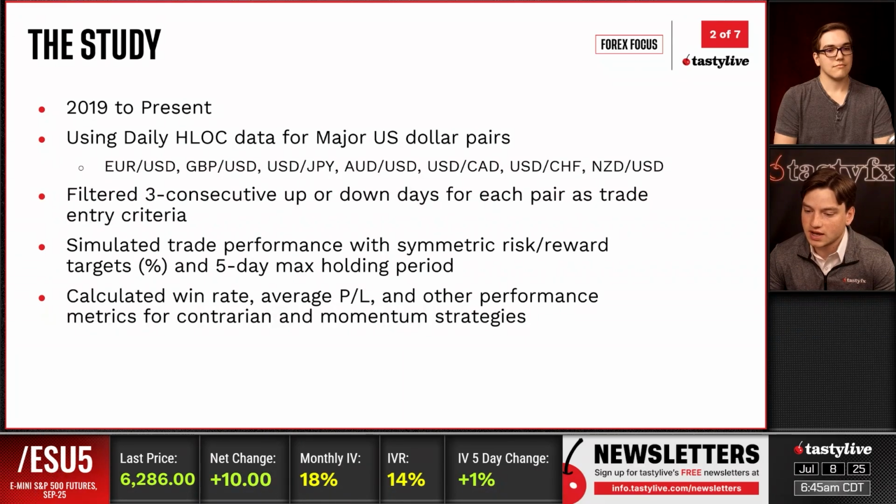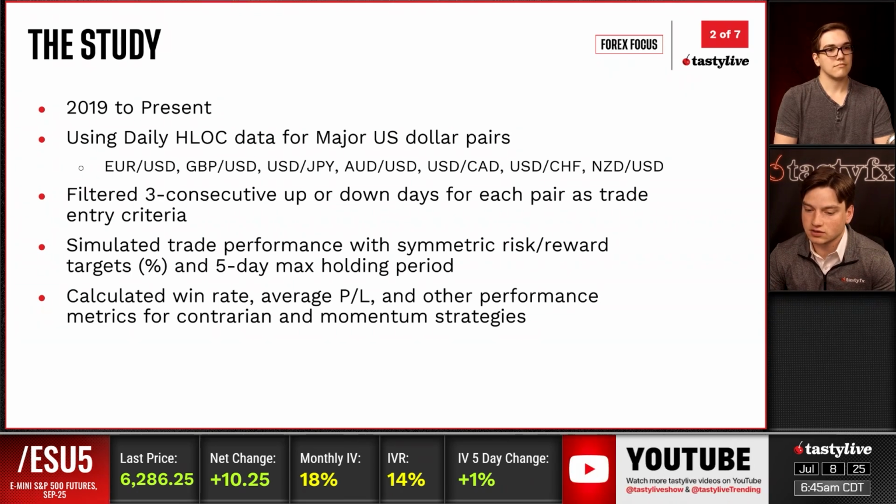And so what we did is we used symmetric risk reward price targets, so getting stopped out if you hit your percentage price target or if that move went against you by the same magnitude, and used a 5-day max holding period. This is something we played around with, doing 5 days, 10 days, but really wanted to see, you don't want to be stuck in a pair if you're trading this frequently for more than, say, a trading week.